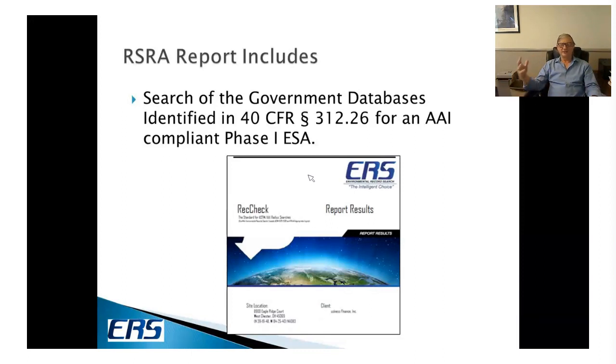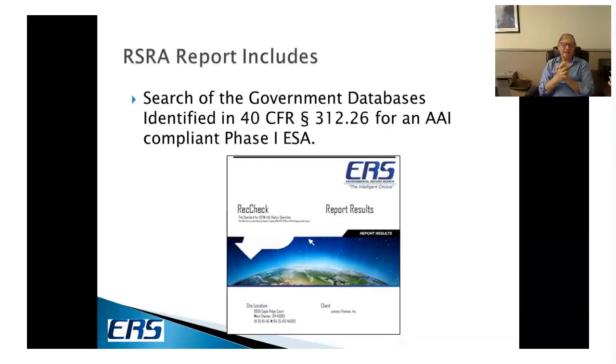Like in California, there could be 40, 50, 60 databases. And we search for the subject property and adjacent to see if there's any concerns that could affect the property. We need this search so the environmental professional can review it.